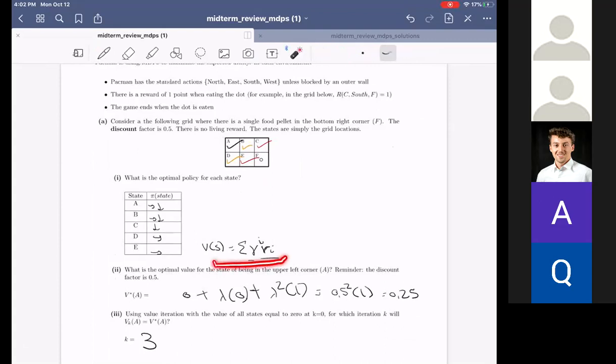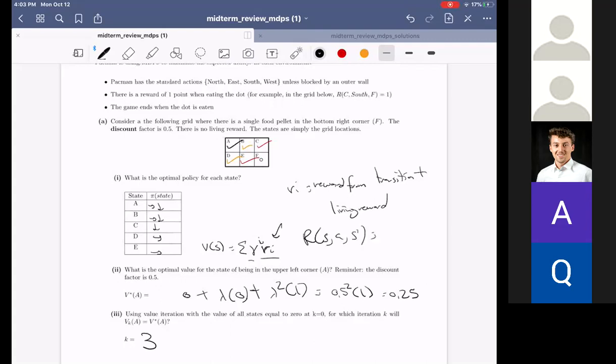It's not too legit, but the living reward would just be factored into your R of i. So your R of i would always be the reward from the transition plus the living reward. You can imagine that your reward function is always going to give you the living reward plus whatever you get from the transition. Okay, that makes sense.